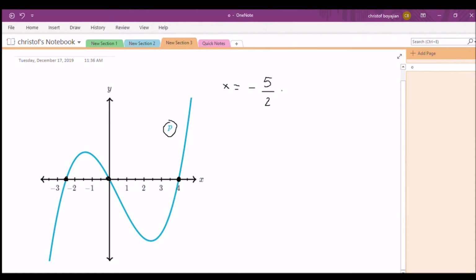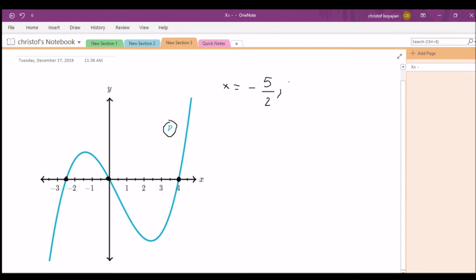Now, if we have more than one zero, we just put a little comma right here to indicate that we have more than one zero of a particular function. So where else is y equal to 0? What is the x value when y equals 0? Well, we see that the y value is 0 when x equals 0 right over here at the origin.